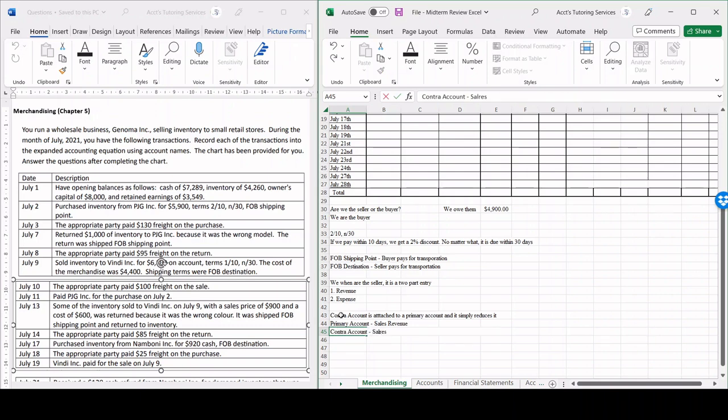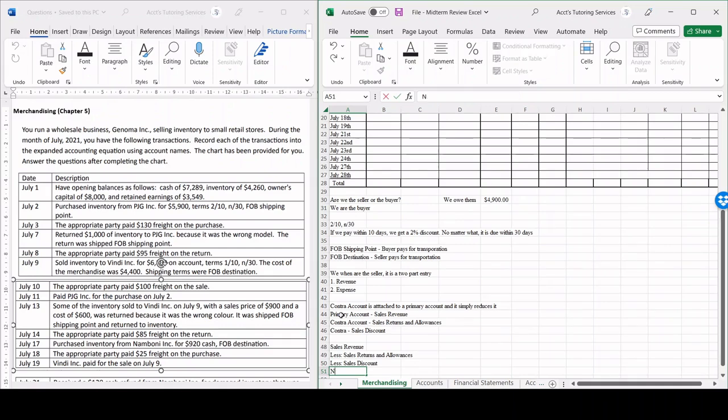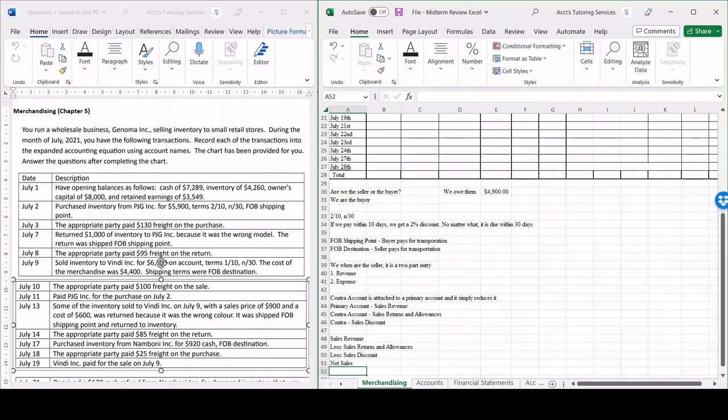We have sales returns and allowances, and then we have another contra account, sales discount. So simply put, sales revenue less sales returns and allowances less sales discount is going to give us net sales.